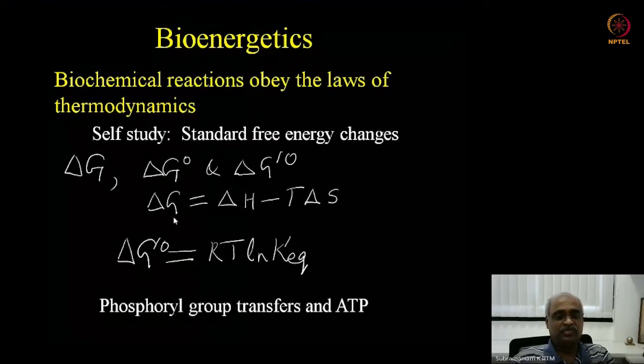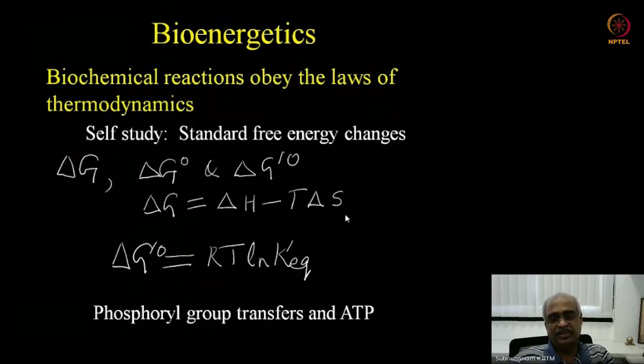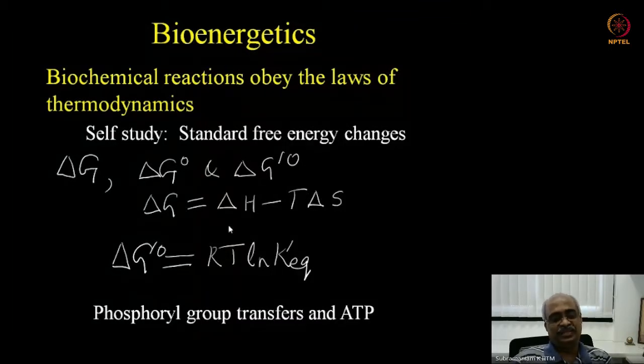Then this all-important equation: delta G equals delta H minus T delta S. You need to understand this. And how this free energy change is related to the chemistry, that is the equilibrium constant.